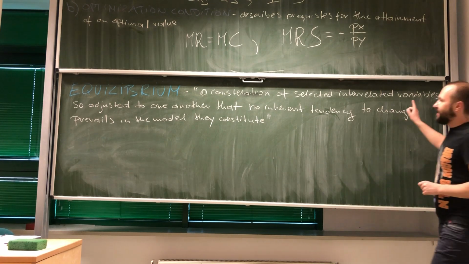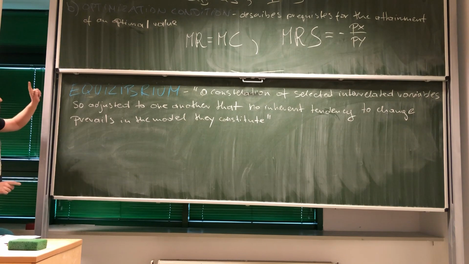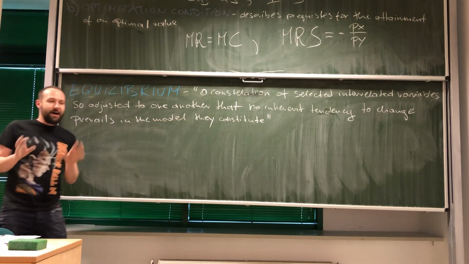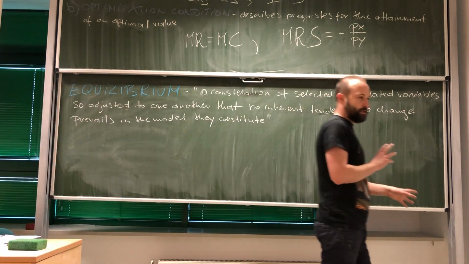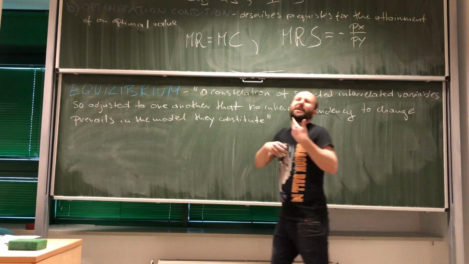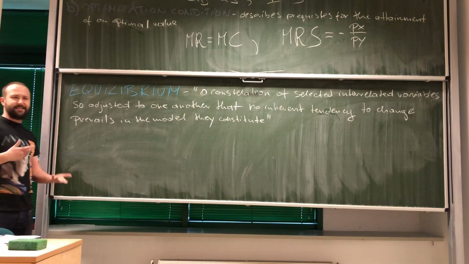But look, then we move further and we see that they are so adjusted to one another. Out of all the possible configurations of these variables, we choose one or at least some. Sometimes we can have multiple equilibria, but this is something that we're not going to discuss here.